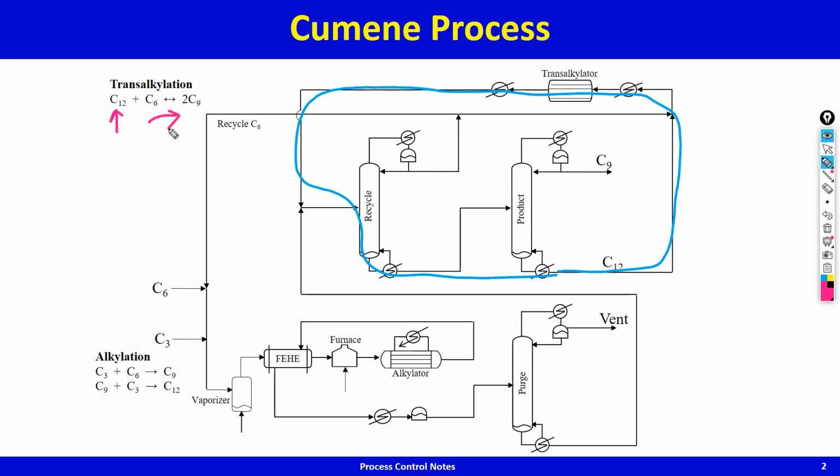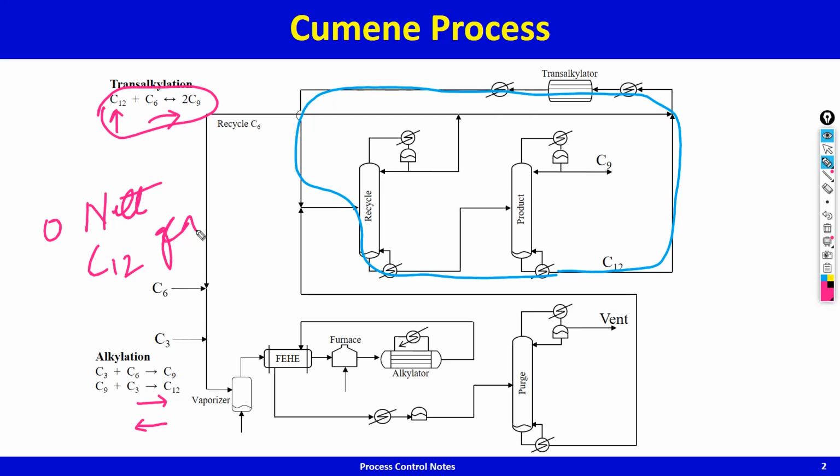So there will come eventually a stage where generation is exactly balanced by consumption in this reaction, and so you have zero net C12 generation. So C12 is allowed to build up in the C12 recycle loop to the extent that its consumption by transalkylation exactly balances its generation by alkylation of C9.